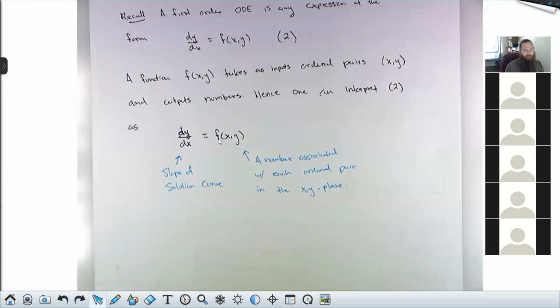That's what we're looking for. dy/dx is the slope of that solution curve. And what they're telling us here is that you can take this function f of x y, plug in any ordered pair, and the output should be equal to the slope of your solution curve. In other words, what this differential equation is telling us is the slope of my solution curve at any point in the plane.